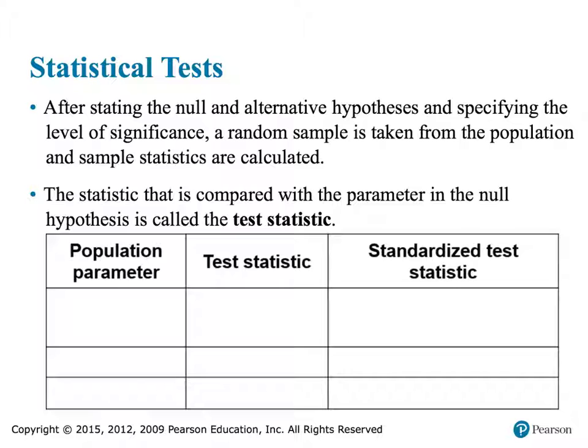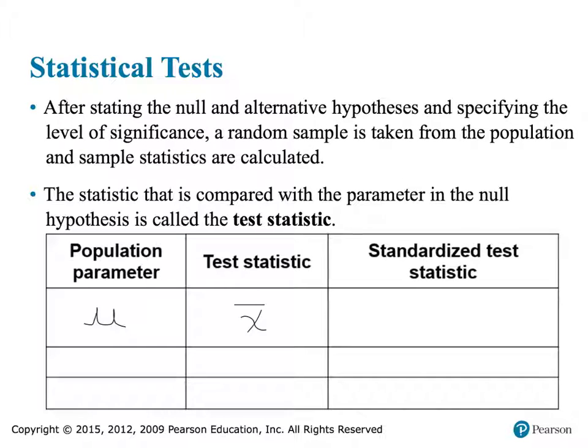If we're testing a claim about a population mean, the symbol for population mean is mu, whereas the symbol for sample mean is x bar. So our population parameter would be mu, our sample statistic would be x bar.